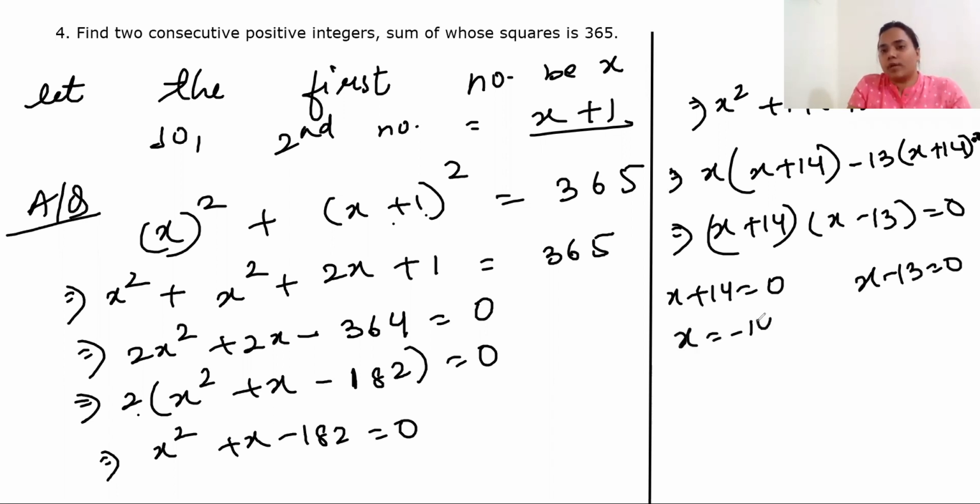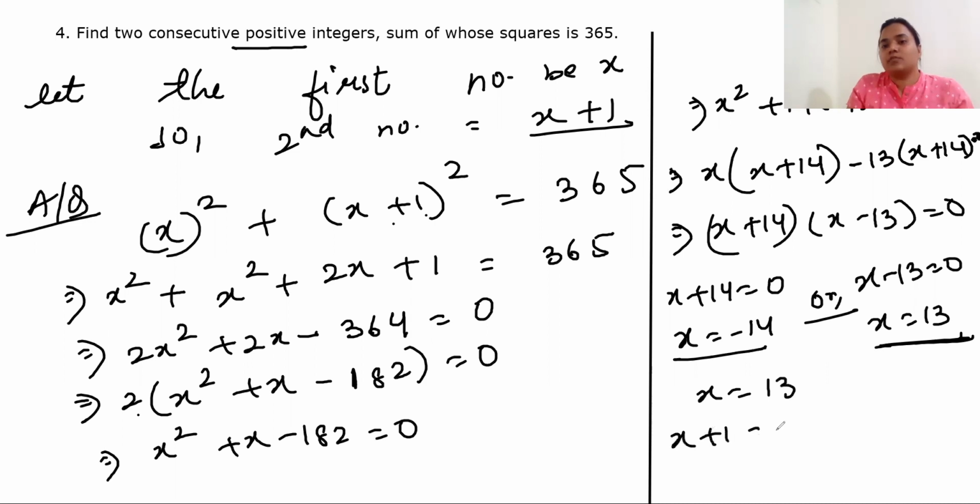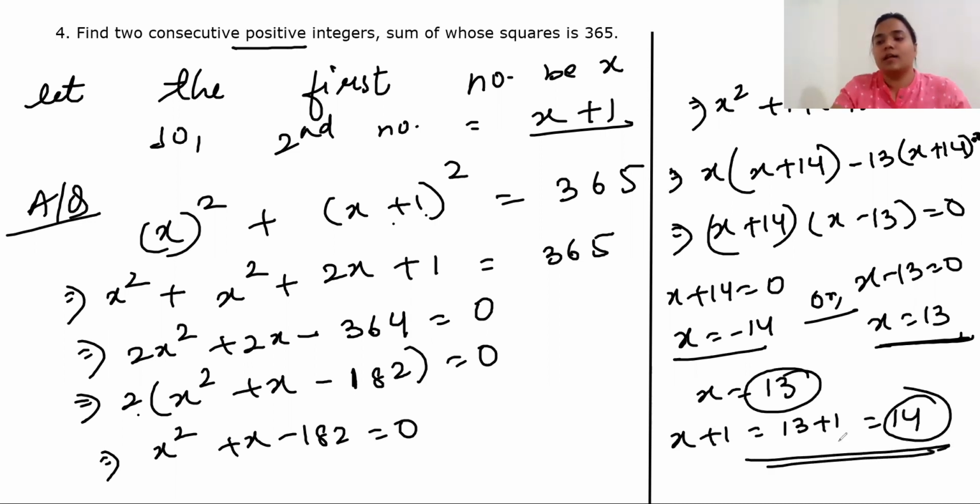This will be x is equal to minus 14 and in this case x is equal to 13. Now we cannot take x is equal to minus 14 because it is written here positive integer. So minus 14 is a negative integer, we cannot take that. So we will take x is equal to 13, and x plus 1 will be 13 plus 1, that is 14. So the two consecutive numbers are 13 and 14.